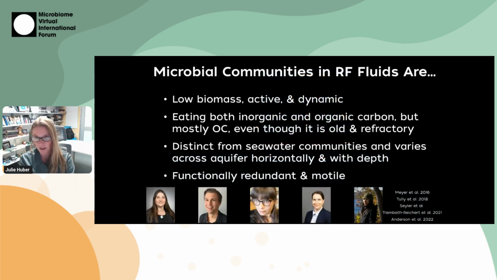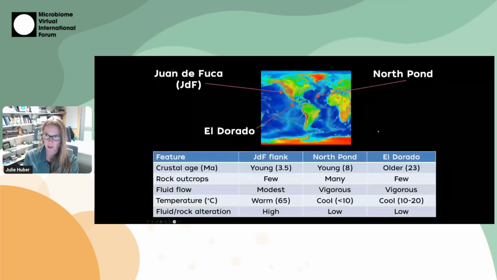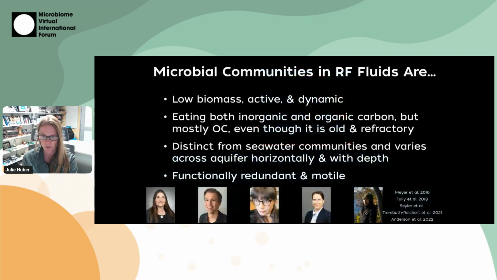The main environment that my lab has been working in is this North Pond system, which is pretty young and cold, less than 10 degrees Celsius. And I've had a really talented group of postdocs, all who've now moved on from the lab. We found basically this is a really low biomass community, about 1,000 cells per mil. But they're active. We can detect their mRNA.